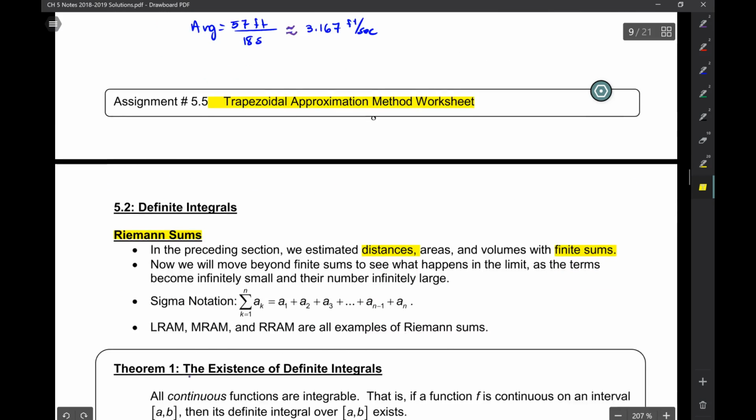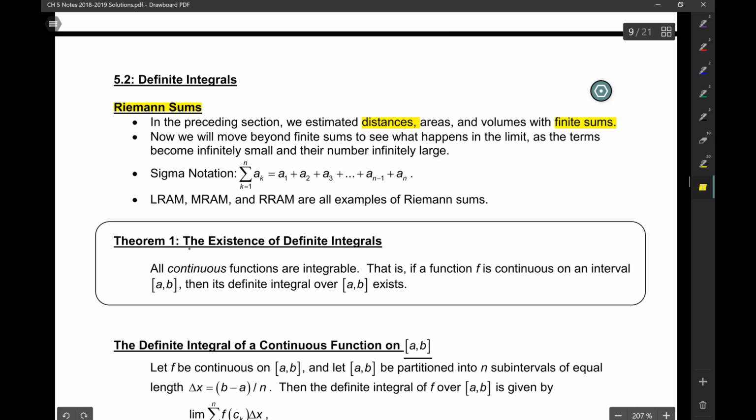Now we're going to move beyond these finite sums, because at the end of the day, even if you have 1,000,000 rectangles, that's still a finite number, and it's still a sort of an approximation. It's not good enough. So we're going to move beyond the finite sums to see what happens when you take a limit as those approach infinity.